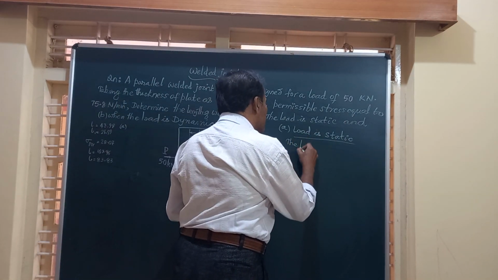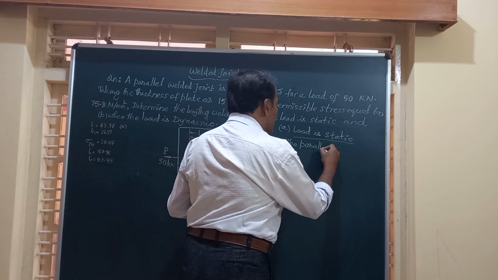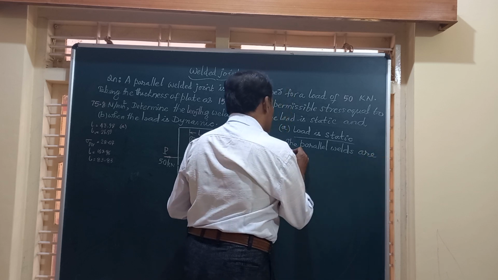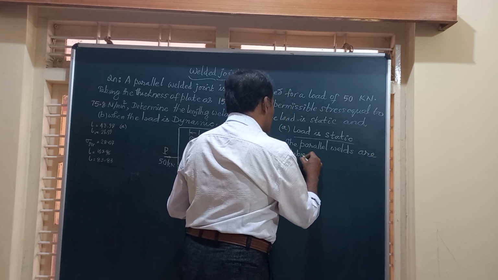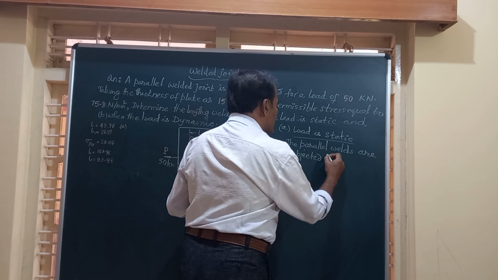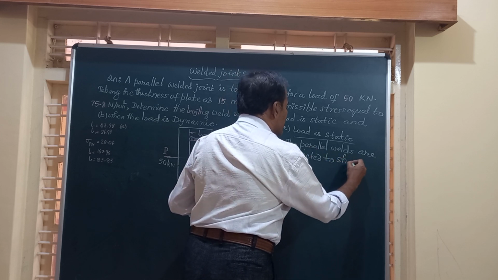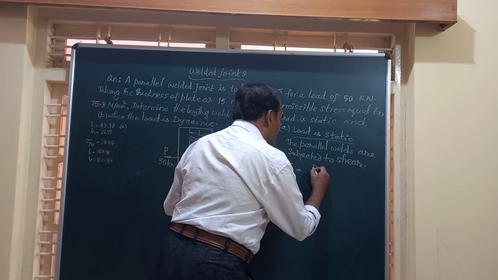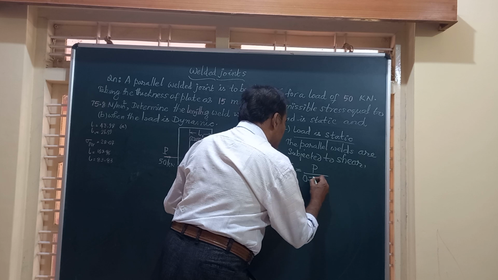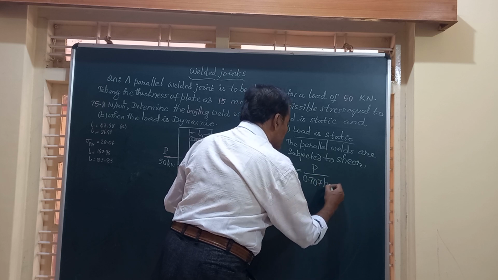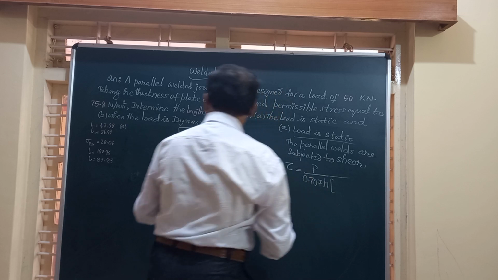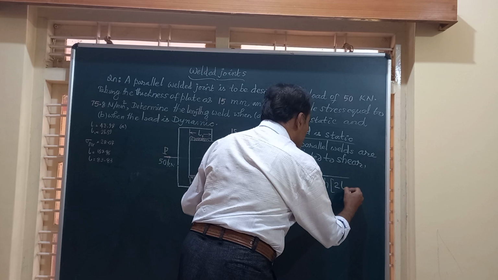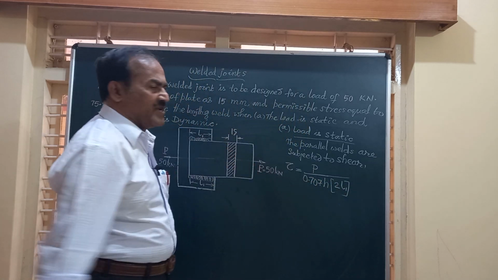The parallel welds are subjected to shear, and hence the shear stress tau is given by the formula P divided by 0.707 H into the total length, I will say twice L1, where L1 is the length of each weld.